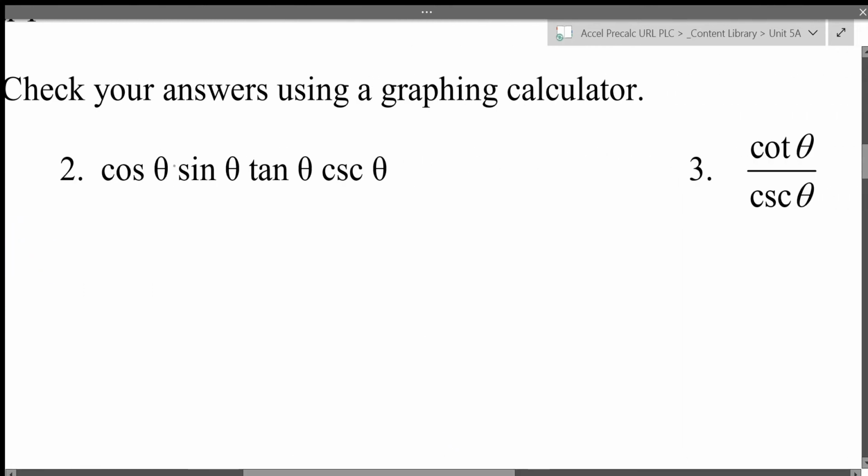Next up, again, check for squares. I don't see any squares, so I want to express all of this in terms of sine and cosine because it doesn't seem very obvious if I can factor anything here, and it doesn't really seem like I can. So I have cosine theta times sine theta times, well, tan theta is sine theta over cosine theta.